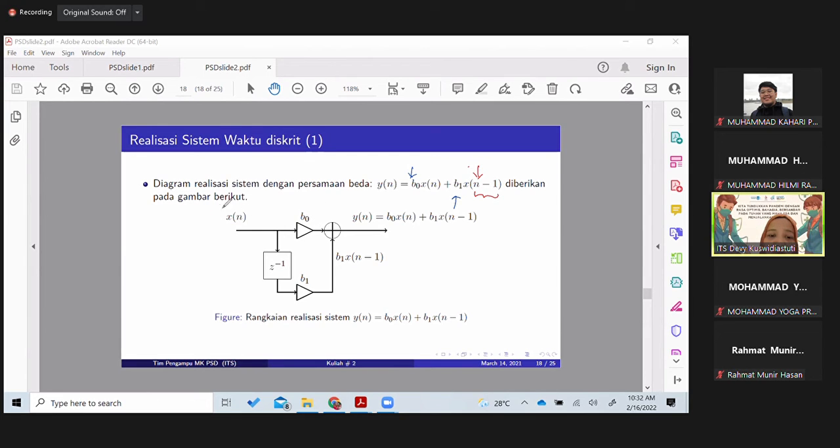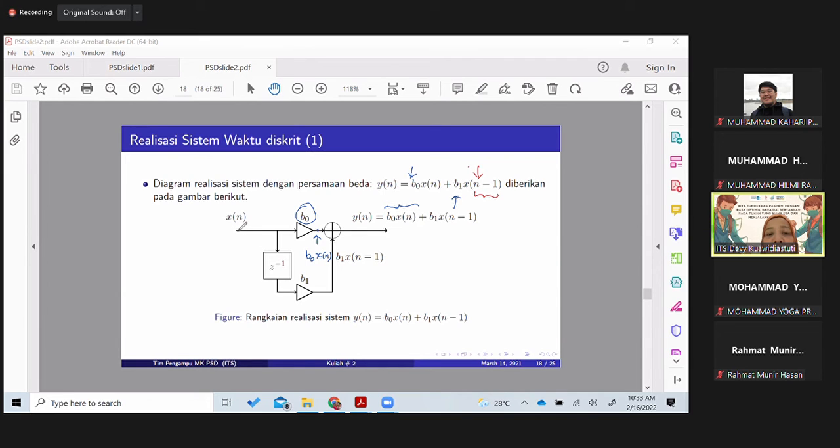So if we have xn here, the first part is b0 times xn. We have to multiply it with b0, so xn must go through a multiplier with b0. The output here would be b0 xn.